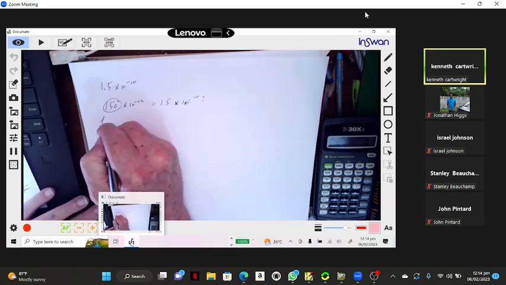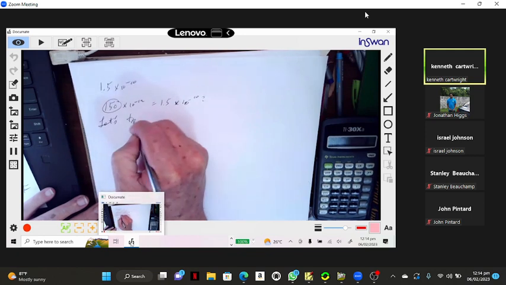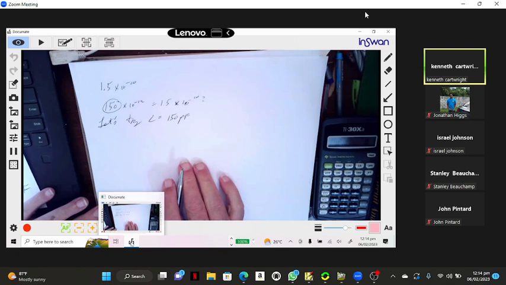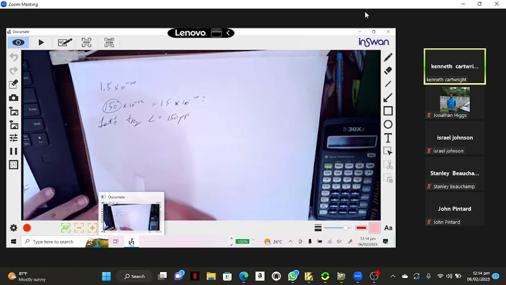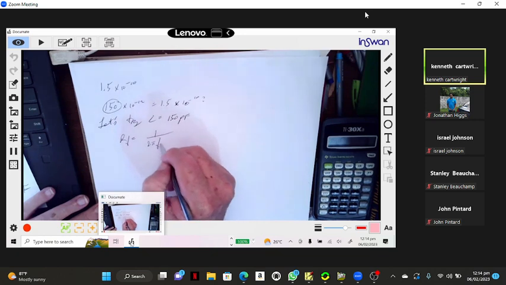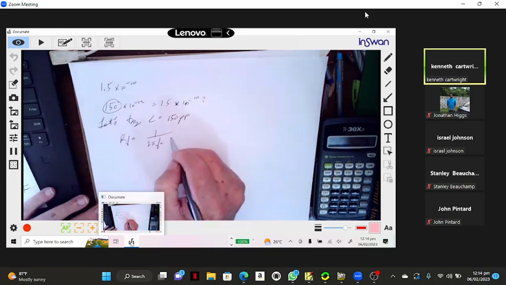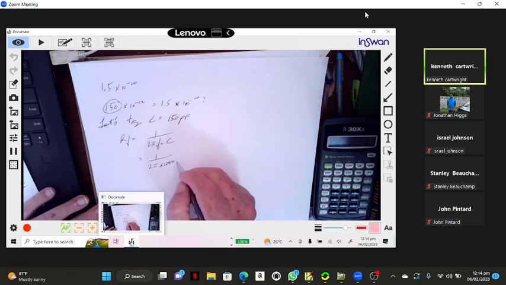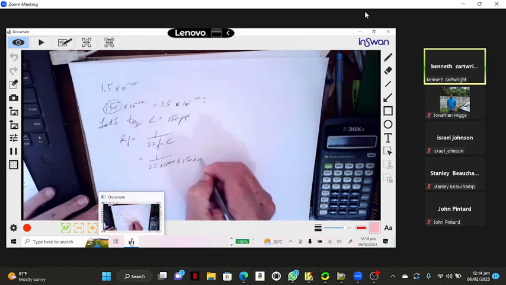Let's try C equals 150 picofarad. So what would RF be? RF will be 1 over 2 pi times FC times C, which is 1 over 2 pi times 1,000 times C, 150 times 10 to the minus 12.